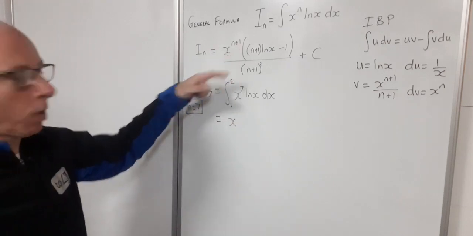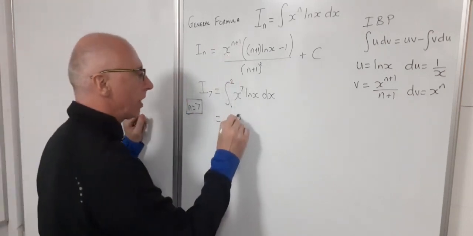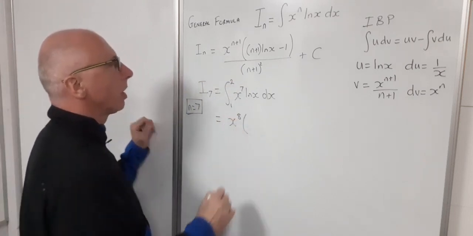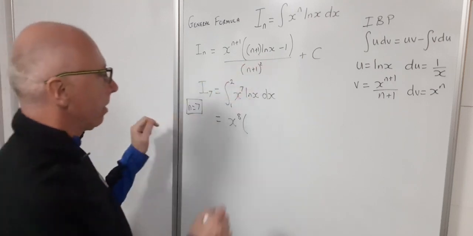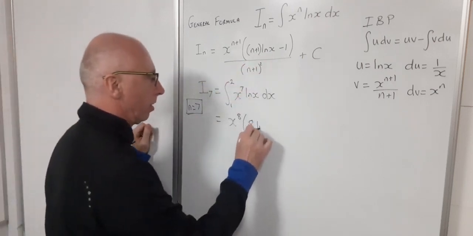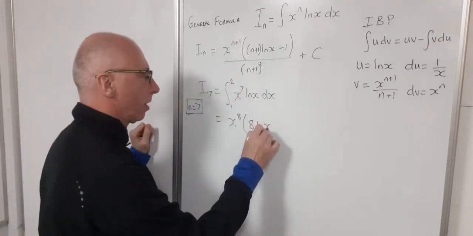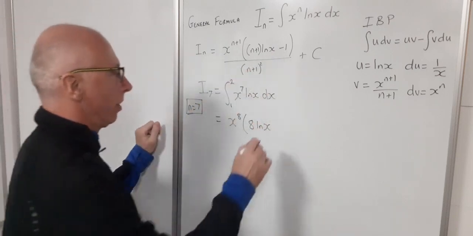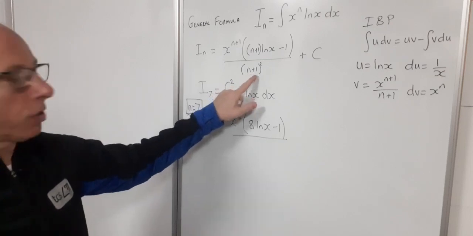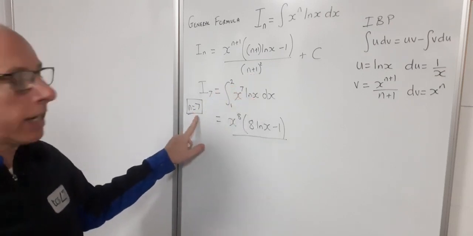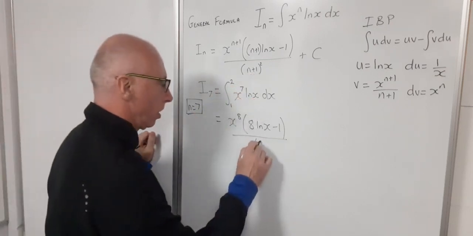So x to the n plus 1, that's x to the power of 8, times n plus 1, so that's going to be 8 log of x, and minus 1. And then we divide all of that by n plus 1 squared. 7 plus 1 is 8, squared is 64.